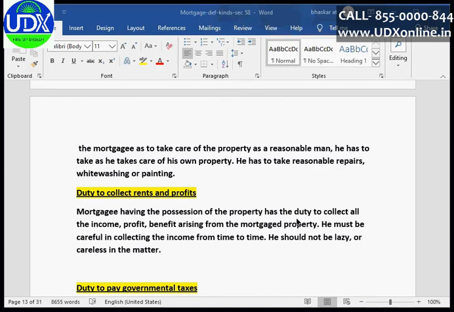Every month you collect all the rents from each and every establishment until the complete satisfaction of the loan amount.